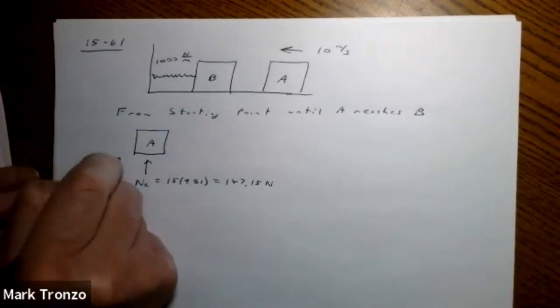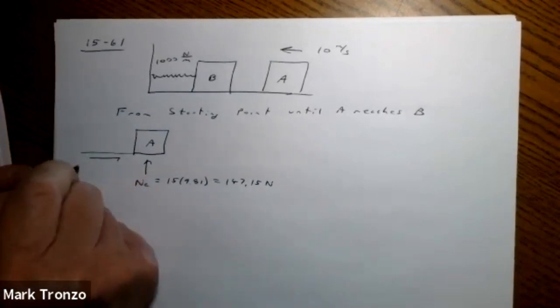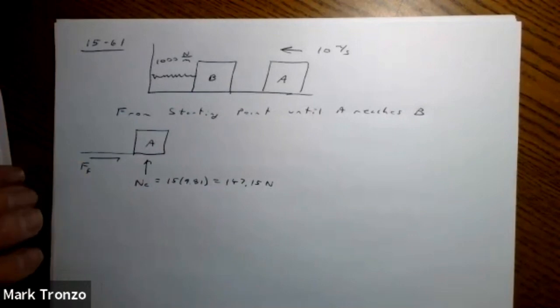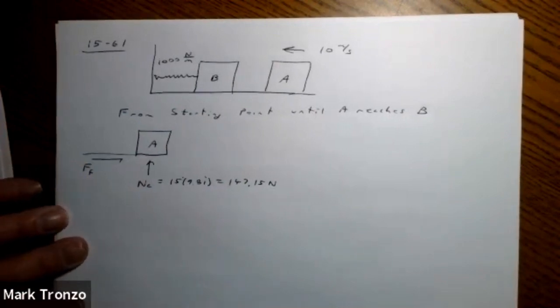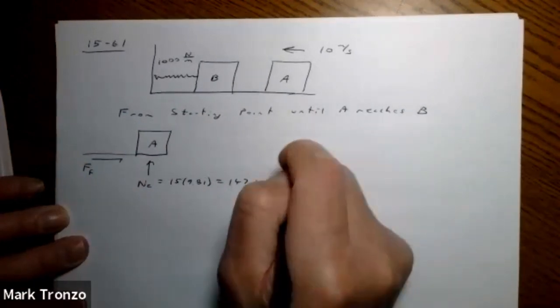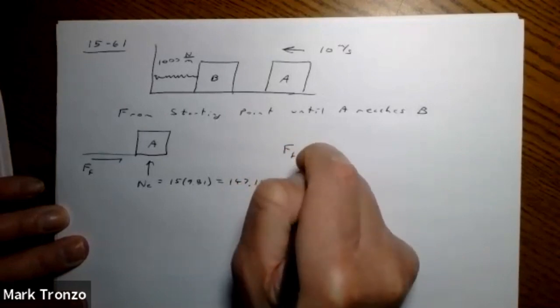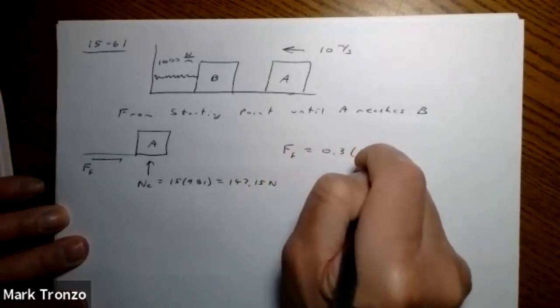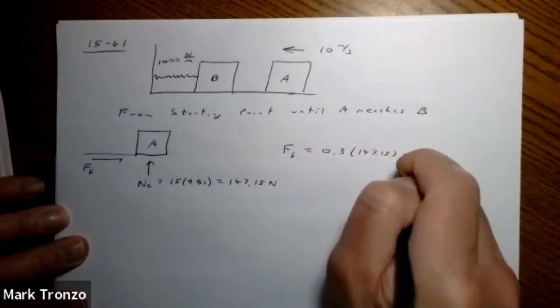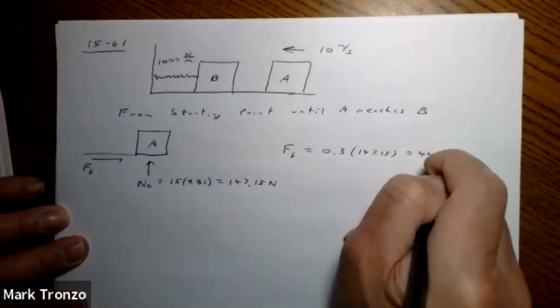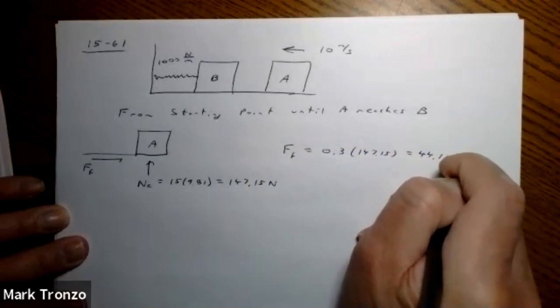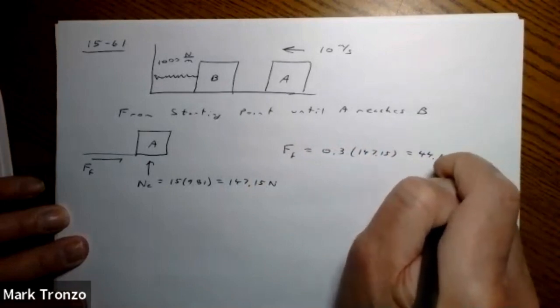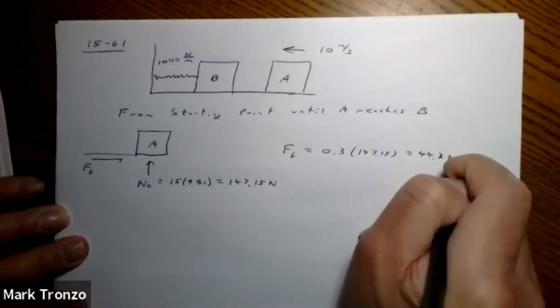And then our friction force was going to resist it. Our friction force is going to be 0.3 times 147.15, which is around 44.1, or maybe 44.2 newtons.